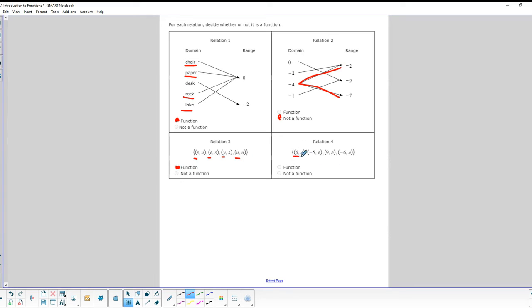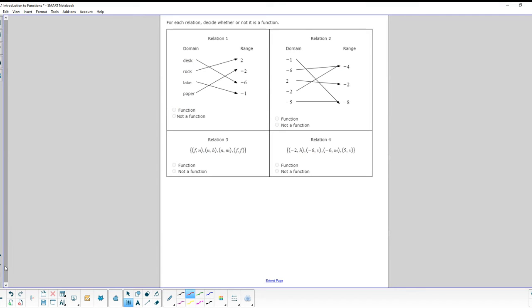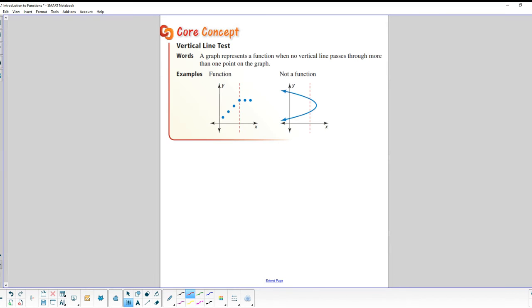And this next one, we got 6, -5, 9, and -6. So all the first numbers are different, so this will be a function. All right, so you'll have a few problems on ALEKS that look like that. There's another one very similar to that.